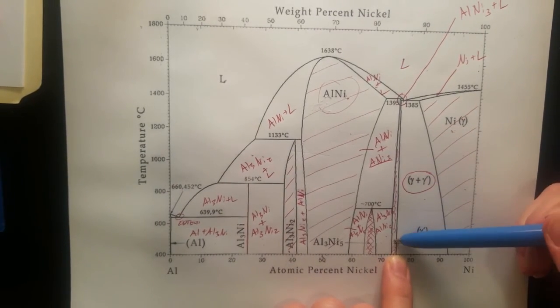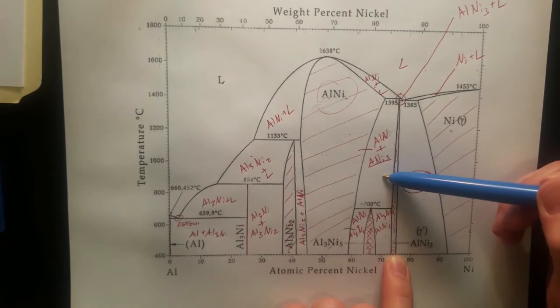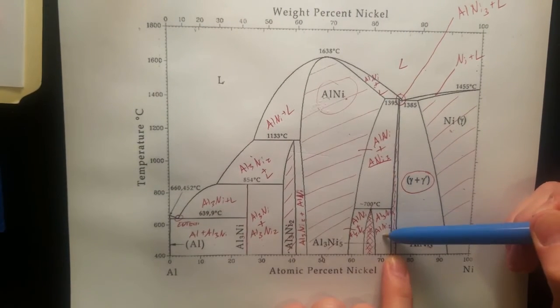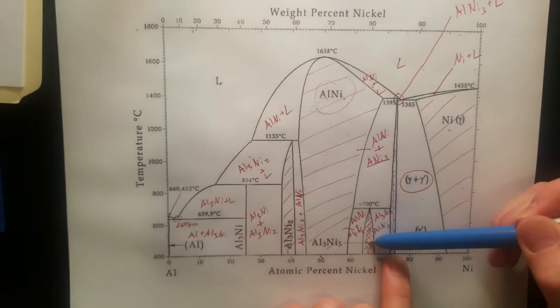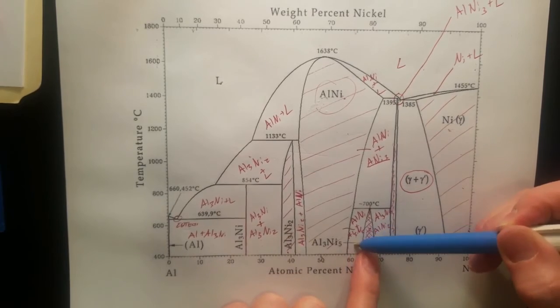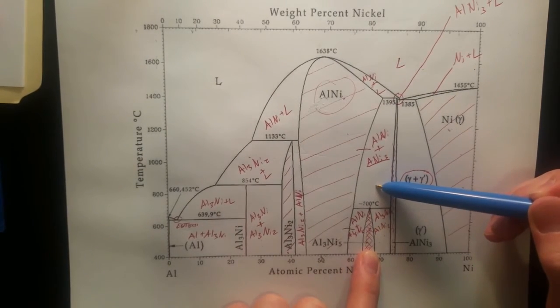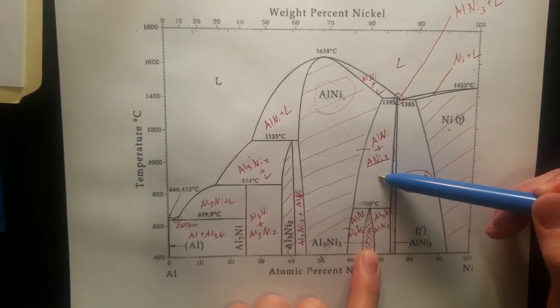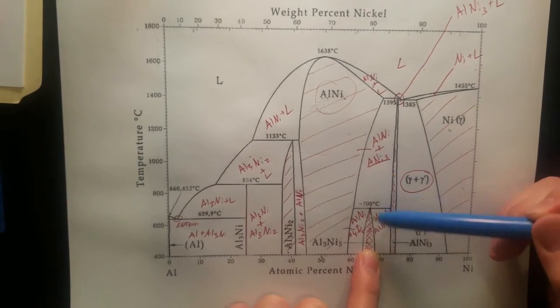That's AlNi3, single phase. Single phase touches two phase, touches two phase. Both of those have AlNi3. Al3Ni5, single phase touches two phase, two phase, two phase. So all three of those have Al3Ni5.